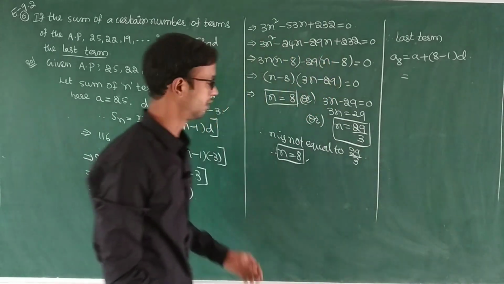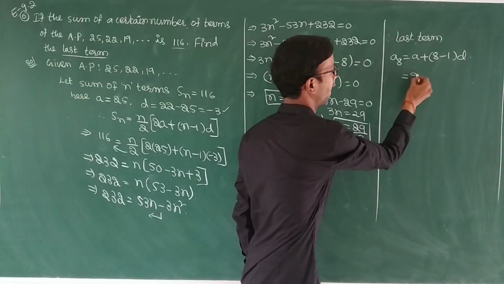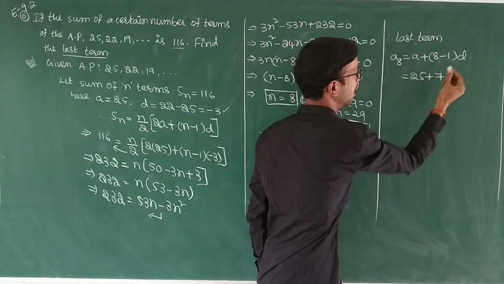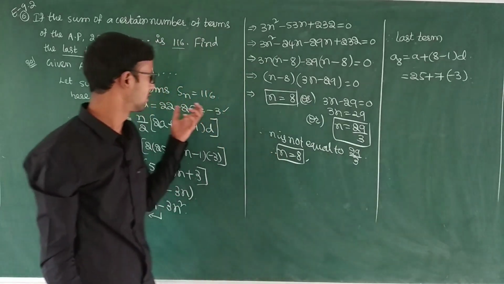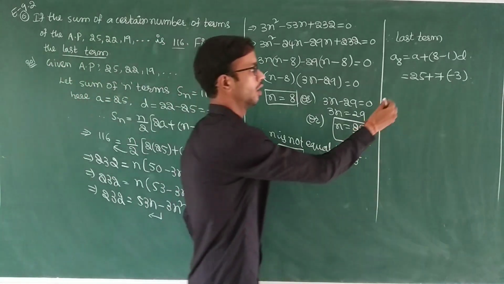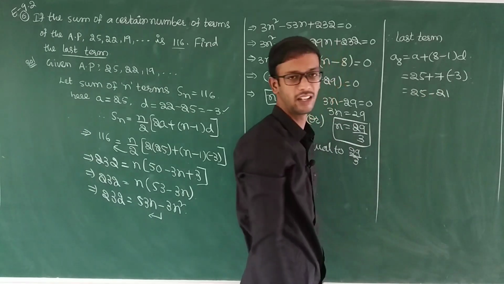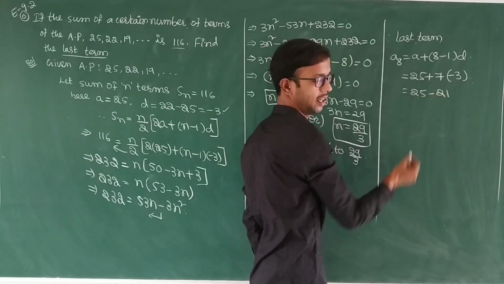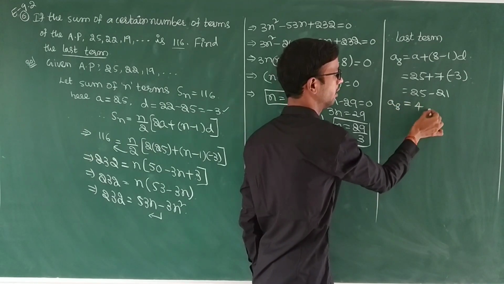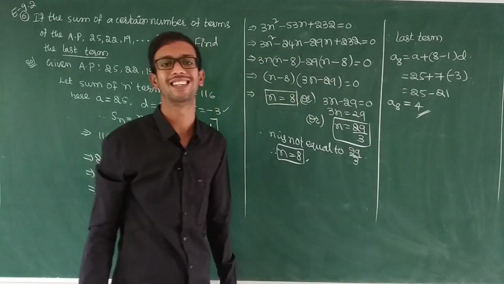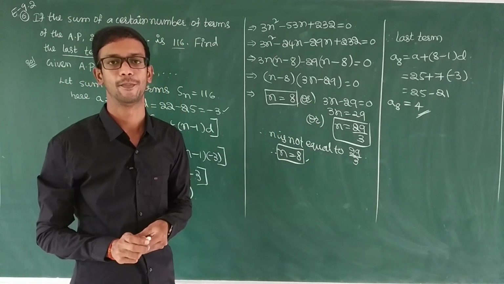The a value is 25 plus 7 into minus 3, since the d value is minus 3. So 25 minus 7 threes, which is 21, A8 is 4. So the required last term is 4.